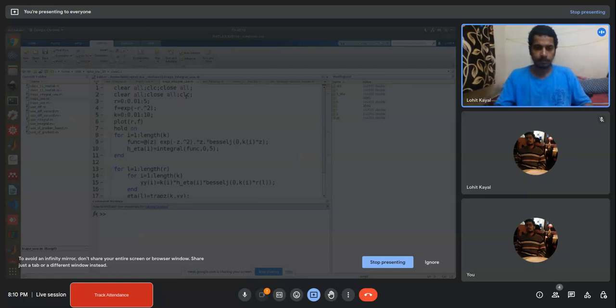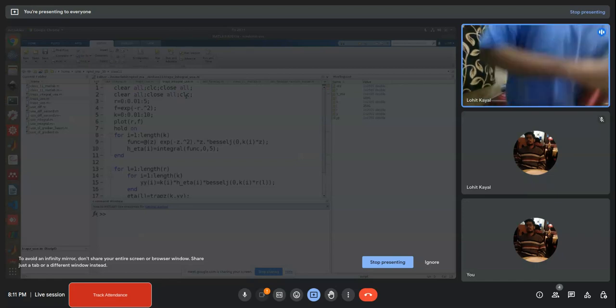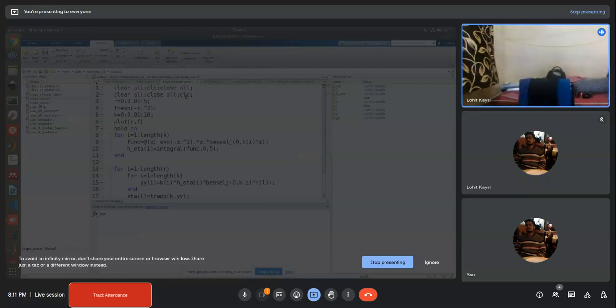What I have done here is change the definition from the summation of Bessel functions. Now I have e to the power minus r squared. This is a Gaussian function, and for a Gaussian function, its Hankel transform is also a Gaussian function. It will be something like e to the power minus k squared by 4, something like that. Similarly, in the Cartesian coordinate, the Fourier transform is a Gaussian by some constant.